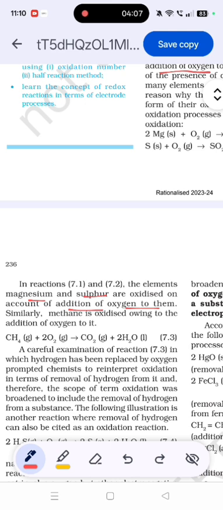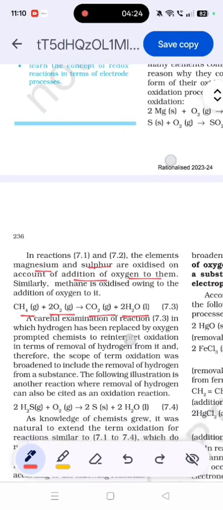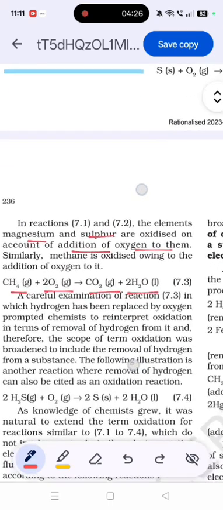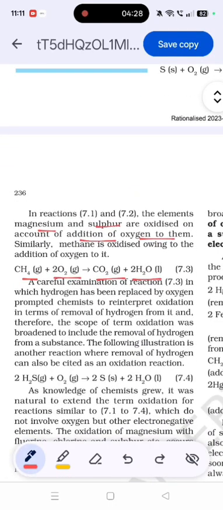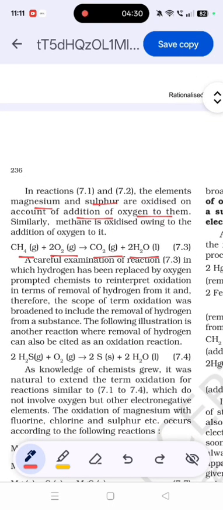Similarly, methane CH4 is one of the important components of natural gas. This also reacts with oxygen to form carbon dioxide and water. So methane is oxidized by the addition of oxygen to it. When we see this equation, hydrogen is being replaced by oxygen.